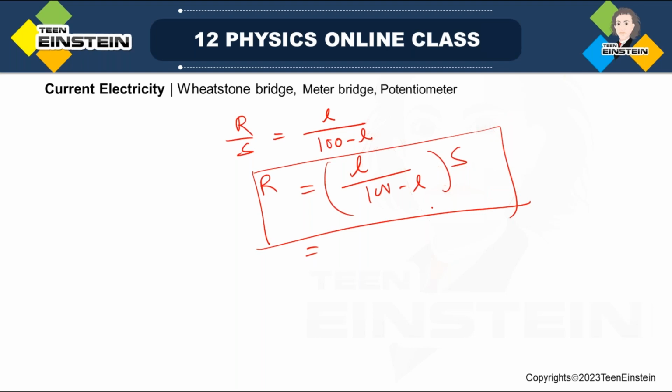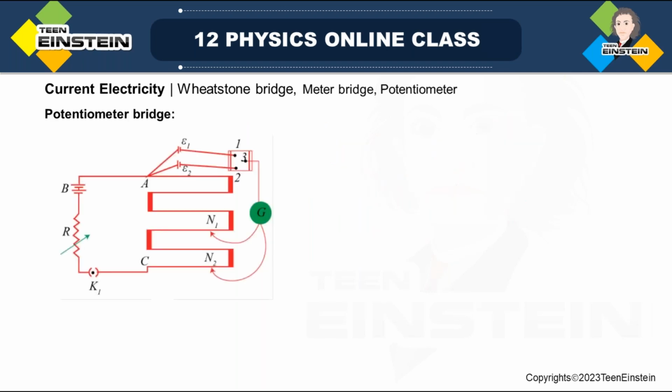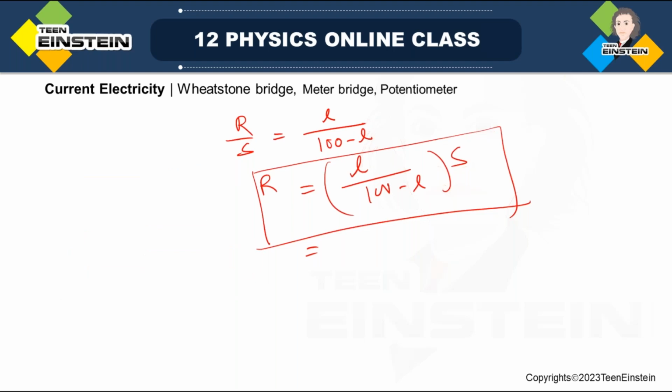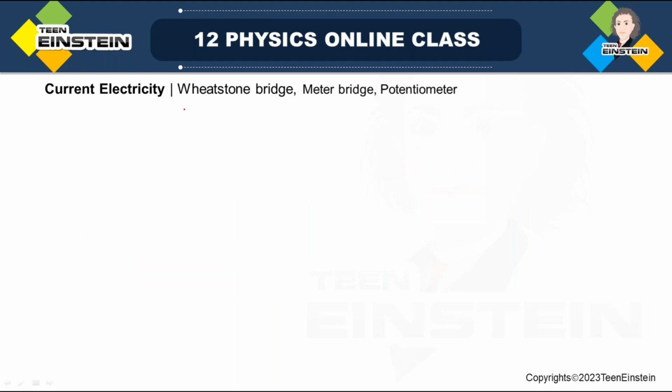Let us do one thing. Let us take one numerical example so that our knowledge will be a little bit more concrete. I'll just write this formula somewhere: R by S is equal to L by 100 minus L. Okay, so I have a numerical problem here.